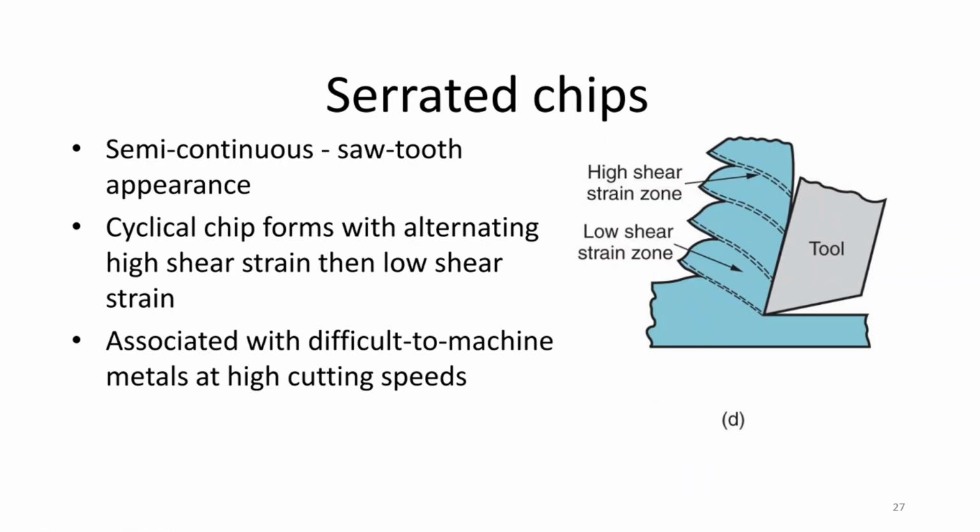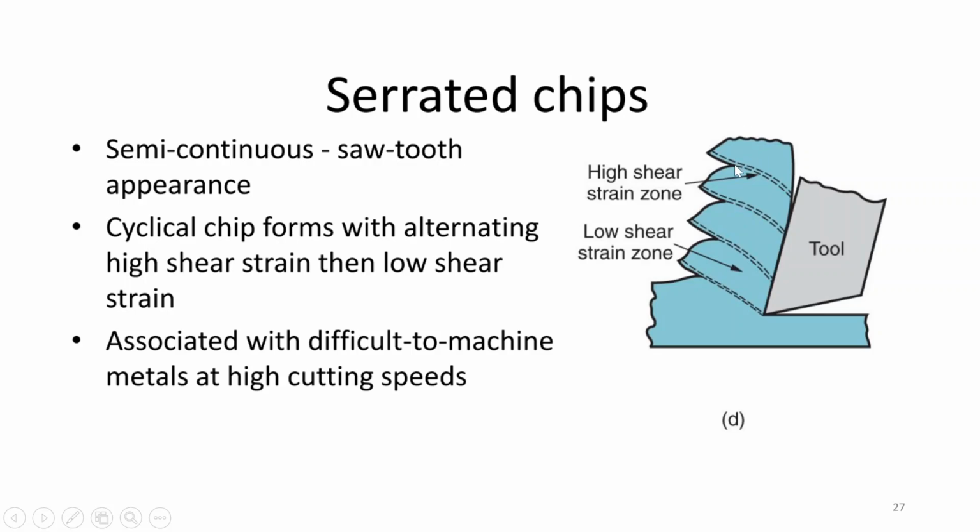Next is segmented chips or serrated chips. These are semi-continuous type of chips which, in appearance, have a sawtooth look.